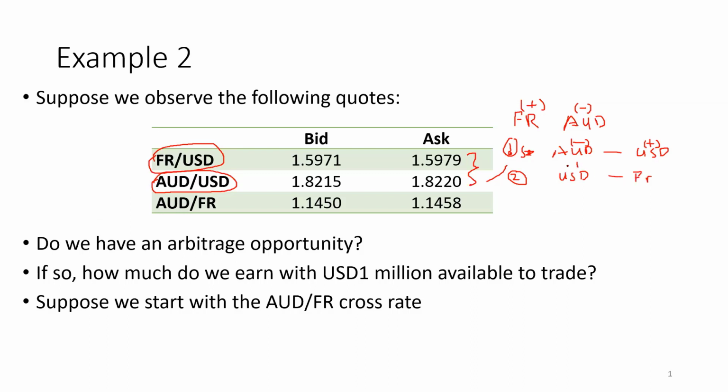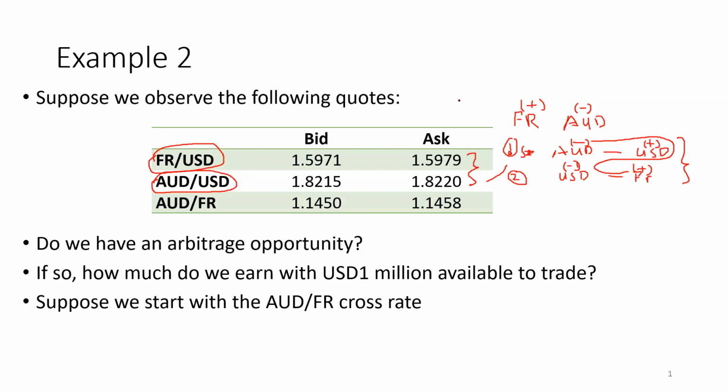So in the second step, I will be selling the USD to acquire the franc, okay? So you can see through these two transactions, effectively, I have just exchanged the Australian dollars for the franc, okay? So this is how you get the cross rate.